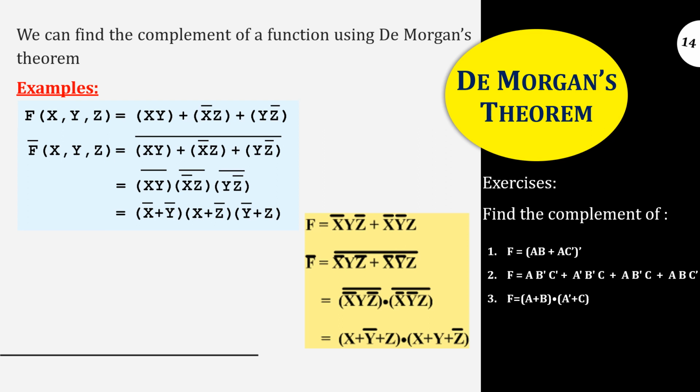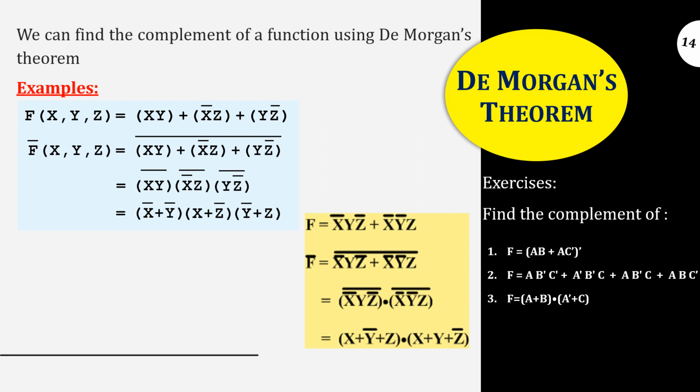Let's look at another example. We are given F is equal to X bar Y Z bar plus X bar Y bar Z. We need to find out the complement of F. F complement is equal to (X bar Y Z bar plus X bar Y bar Z) the whole complement. According to De Morgan's law, we need to break the line and change the sign. So first break that complement line: (X bar Y Z bar) the whole bar into, that plus is changed to into, (X bar Y bar Z) the whole complement.